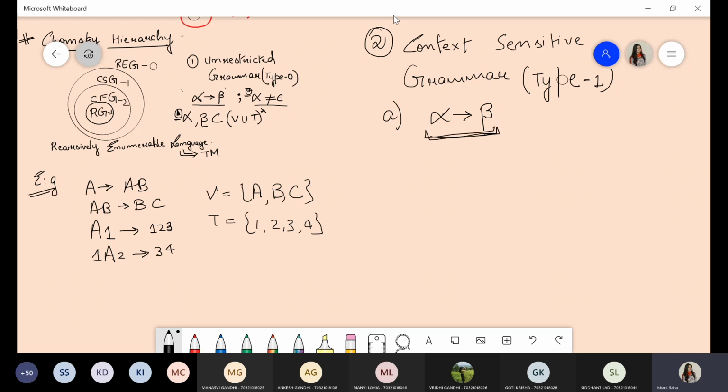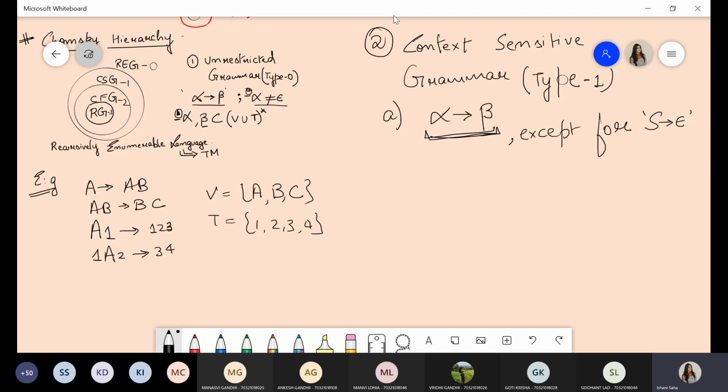The length of beta should be at least as much as the length of alpha, except for this. That means there could be a production where a non-terminal is generating epsilon.